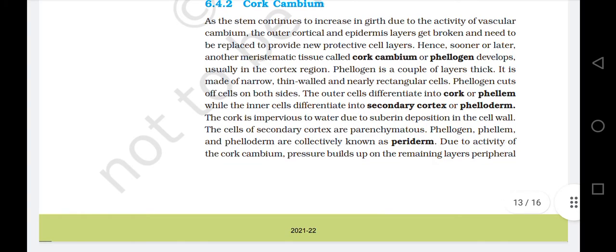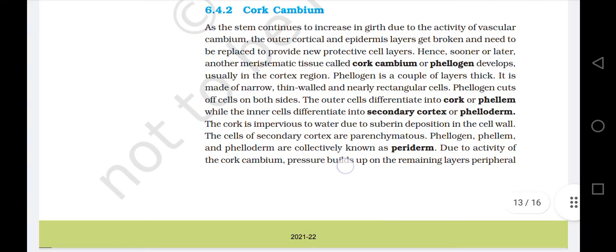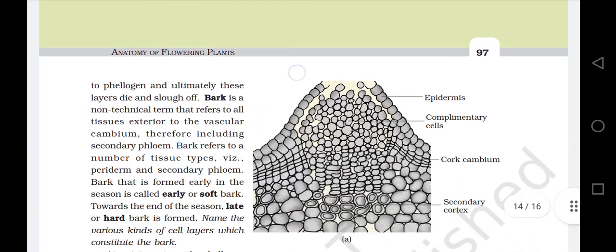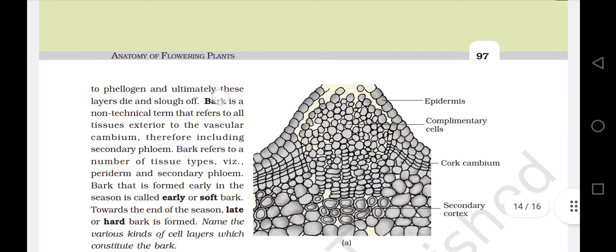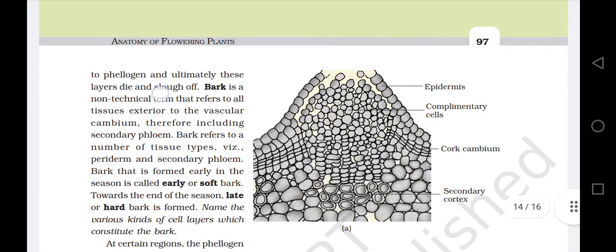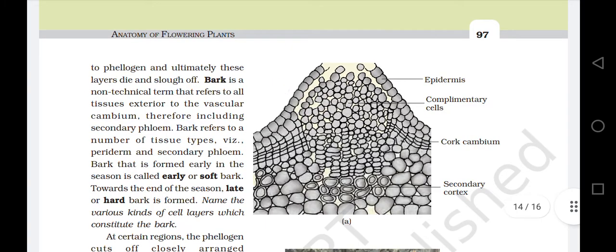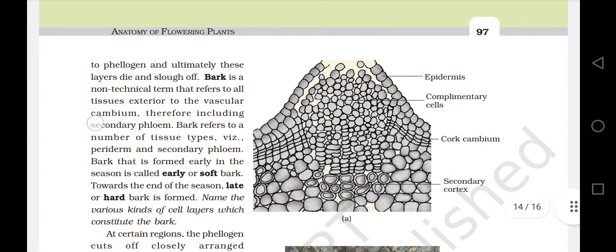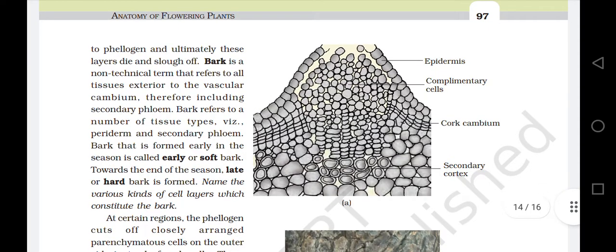Due to activity of the cork cambium, pressure builds up on the remaining layers peripheral to phellogen, and ultimately these layers die and slough off. Bark is a non-technical term that refers to all tissues exterior to the vascular cambium, therefore including secondary phloem.